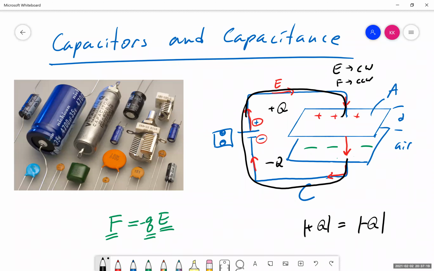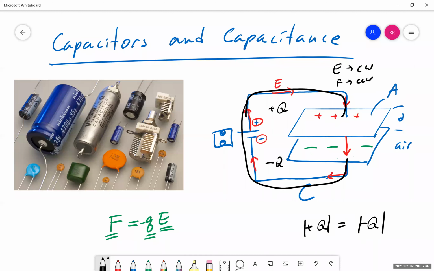That means the change in electrons is exactly equal for the top and bottom. That's why the plates always have exactly the same Q. So this capacitor has exactly the same amount of charge on each plate; it's just that one is positive and the other is negative.